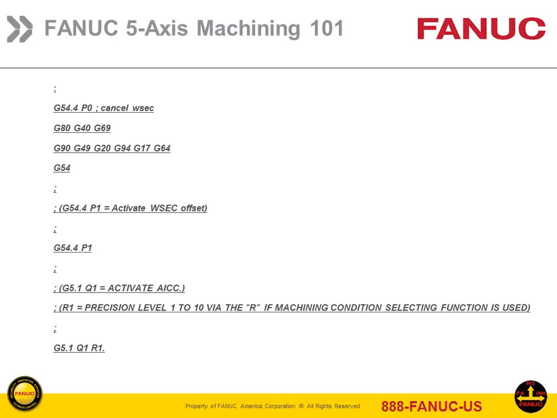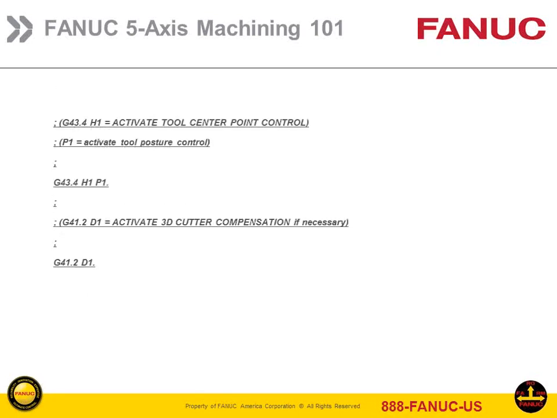Then the next thing you do, you activate AICC. And the R word is the level of precision. So you have G5.1, Q1, R1. And again, we'll go deeper into that. But this is just a sample program. Then you want to activate your tool center point. And you do that with G43.4 with an H word, that's your offset number.